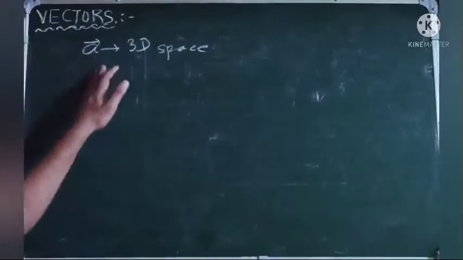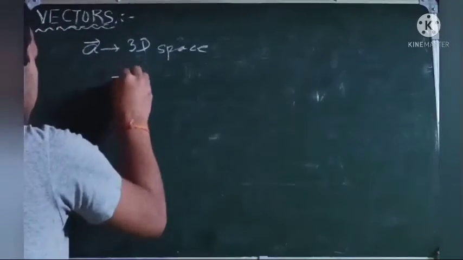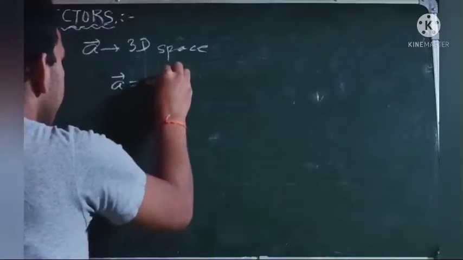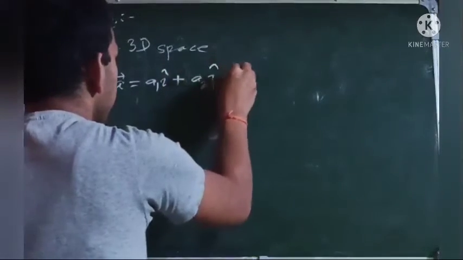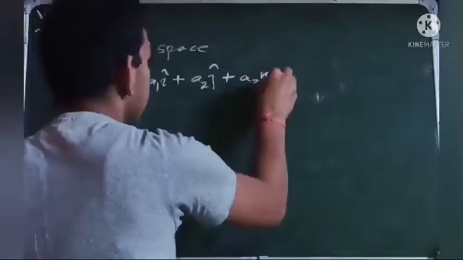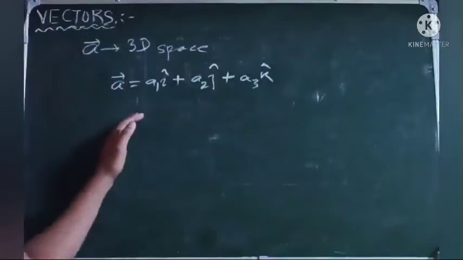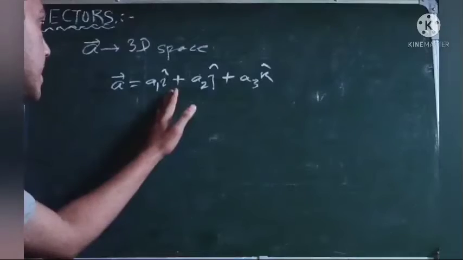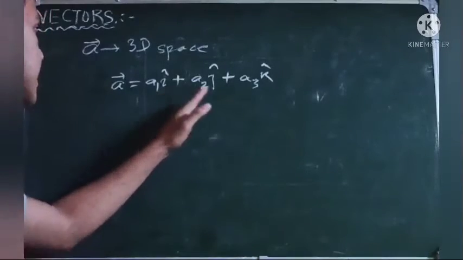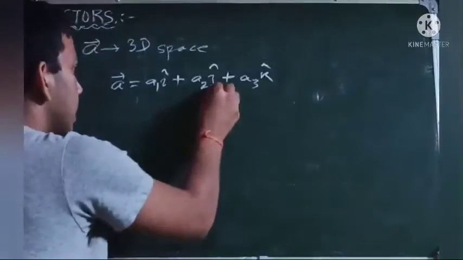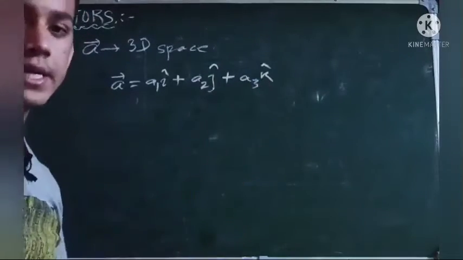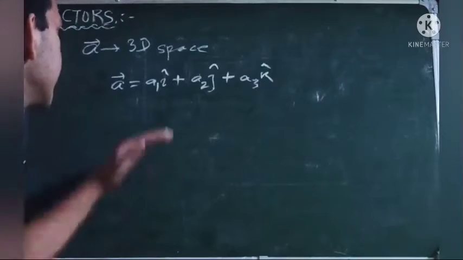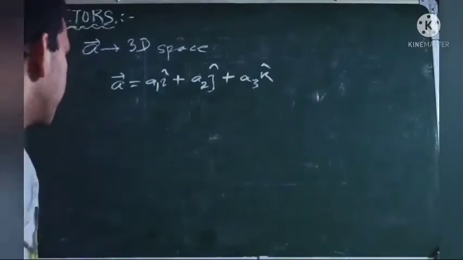Now any vector can be represented as A vector is equal to a1 I cap plus a2 j cap plus a3 k cap in 3D space, where I cap represents the unit vector along the x-axis, j cap represents the unit vector along the y-axis, and k cap represents the unit vector along the z-axis. Let's see this concept using a simple diagram.